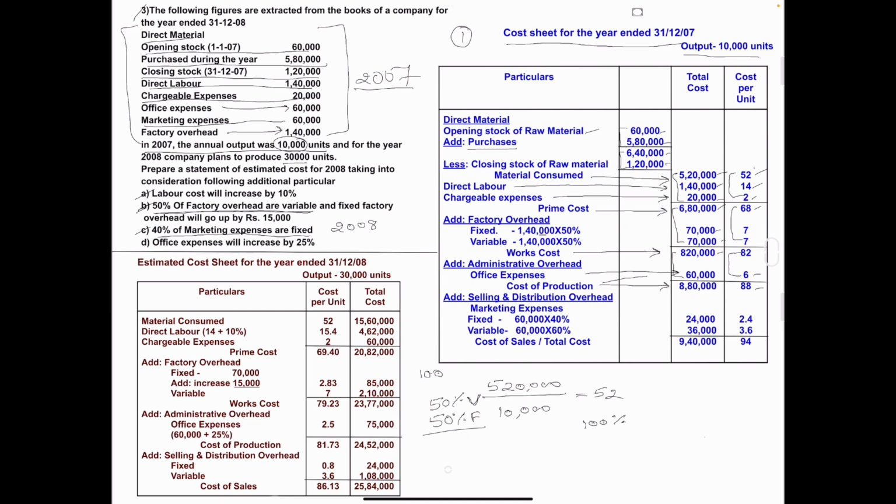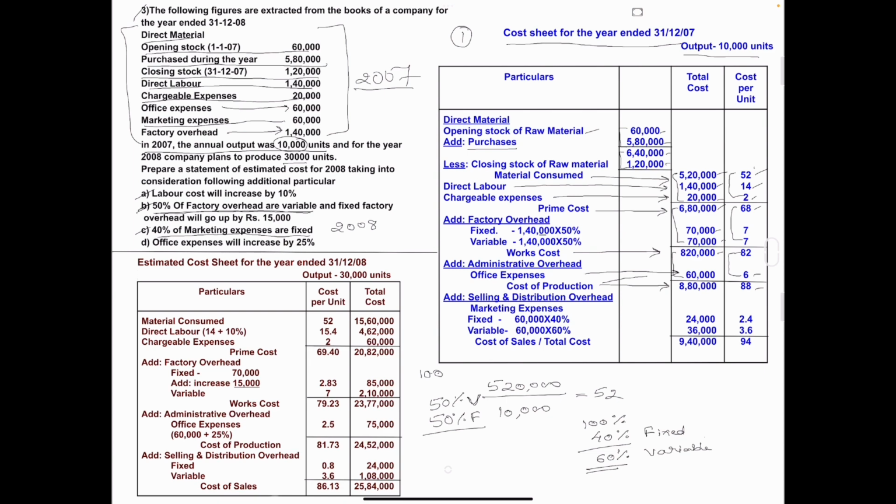Percent is 100. Yes, 40%. Total 100%. Of that 40% we have to take as fixed overhead. From 100 minus 40 you will get 60%. So 60% we have to take as variable marketing overhead. Understood? 40% of marketing expenses are fixed. So how much remains? 60%. So this we have to take as a variable overhead.